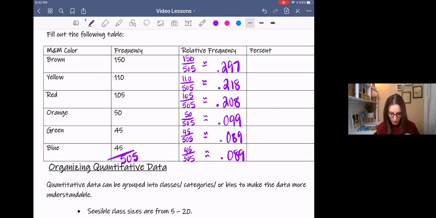I did get 505, so I'm pretty confident in my other answers. Anytime you're doing stuff like this, it's always smart to either type it in one more time to just double check, or go back and look at your calculator and make sure that you typed in each number correctly. It does matter and it does make a difference.